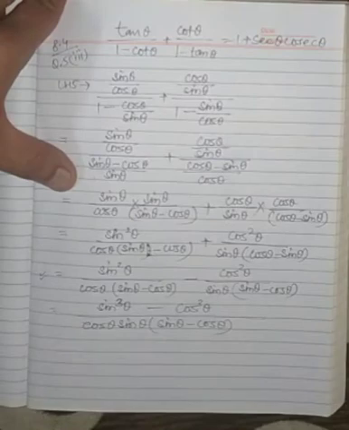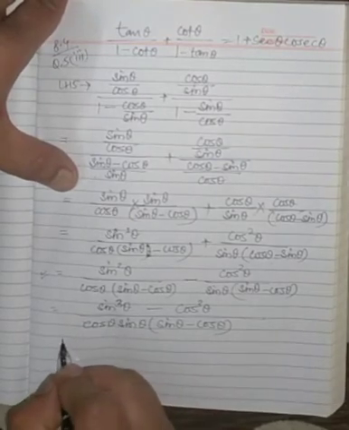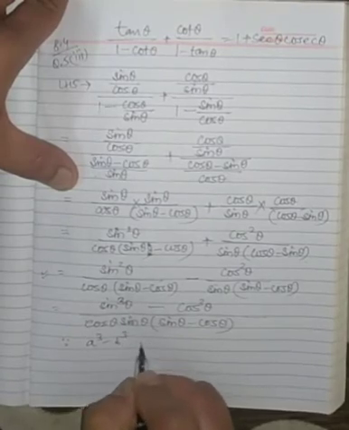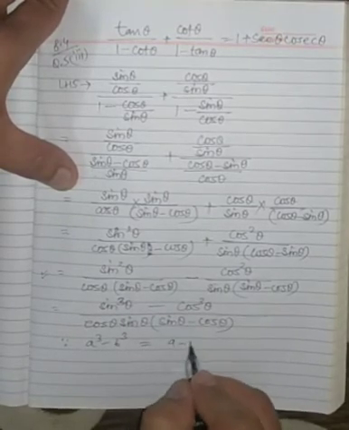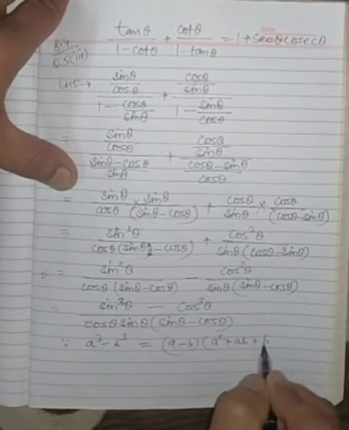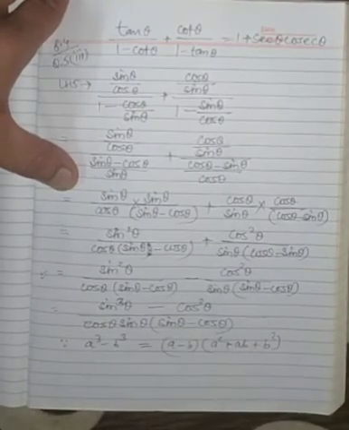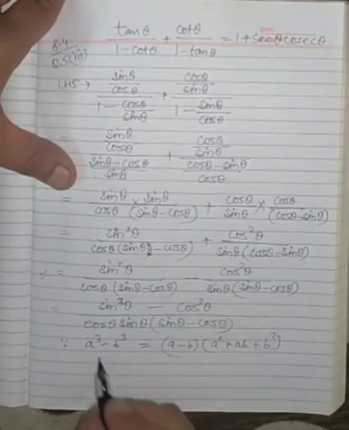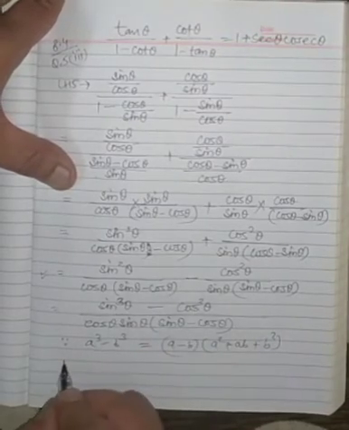Now children, here one very important step is that we have to keep the formula in mind. A cube minus b cube is equal to a minus b, a square plus ab plus b square, that we studied in class 9th. So this formula we are going to use here.